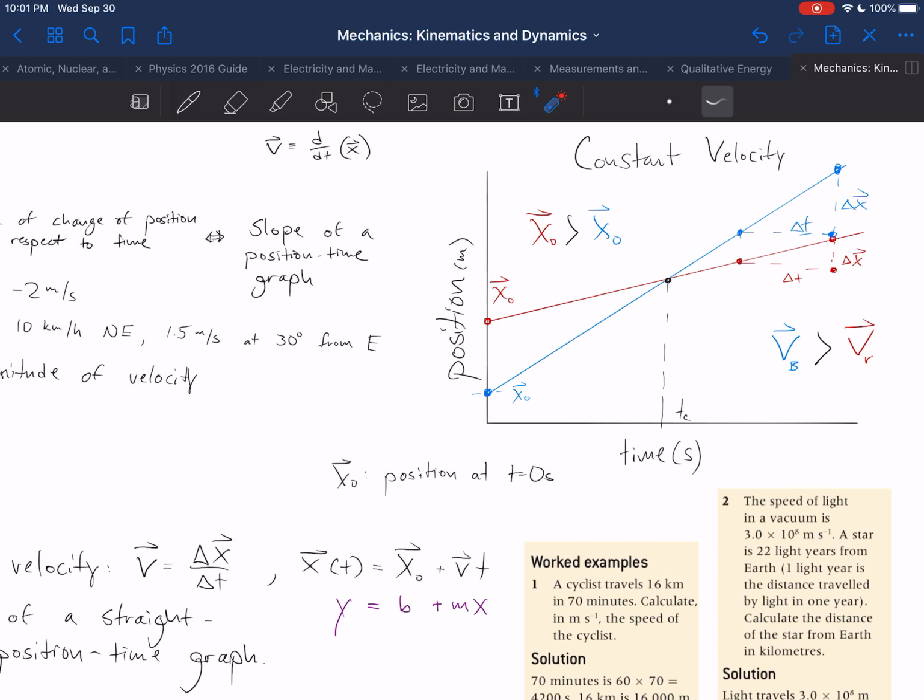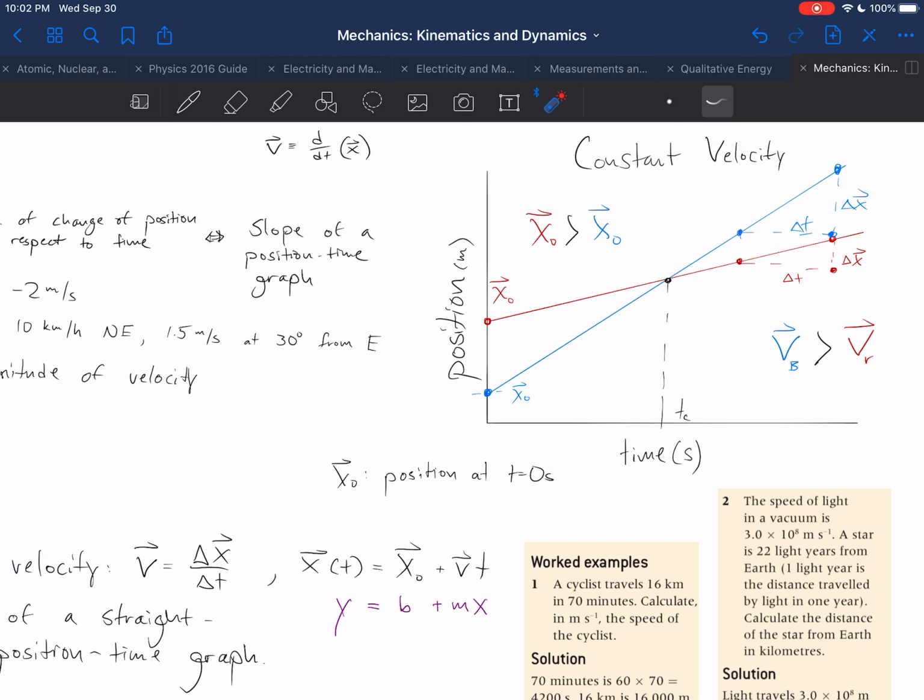The velocity is given by the sign of the slope. So if that slope is negative, then it is going in the negative direction. Notice that the sign of the slope is giving you the direction of the motion.